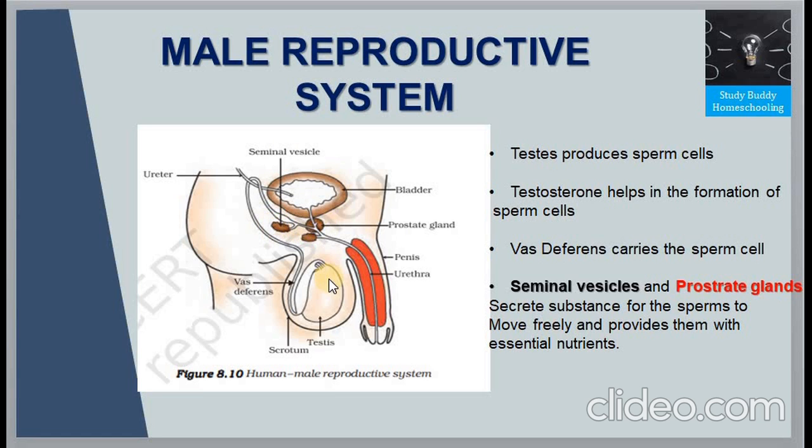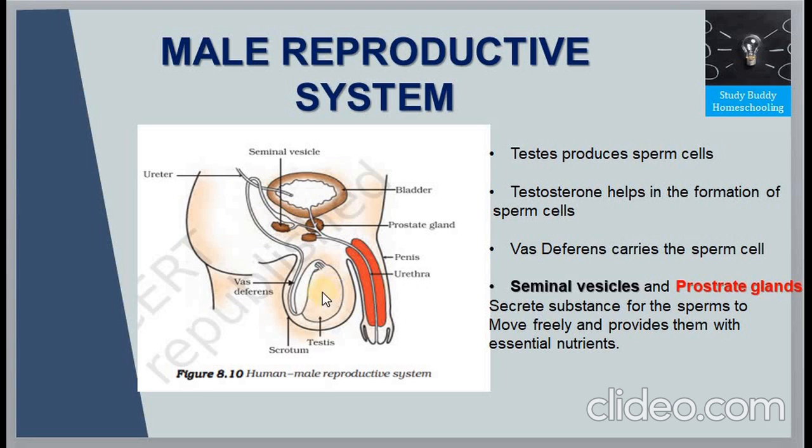How are they important? They produce some liquids which help in the smooth mobility of the sperms, as well as they provide nourishment to the sperm for it to travel from testis till the female organ. So seminal vesicles and prostate glands help in the mobility of the sperms, as well as provide them with the essential nutrients.